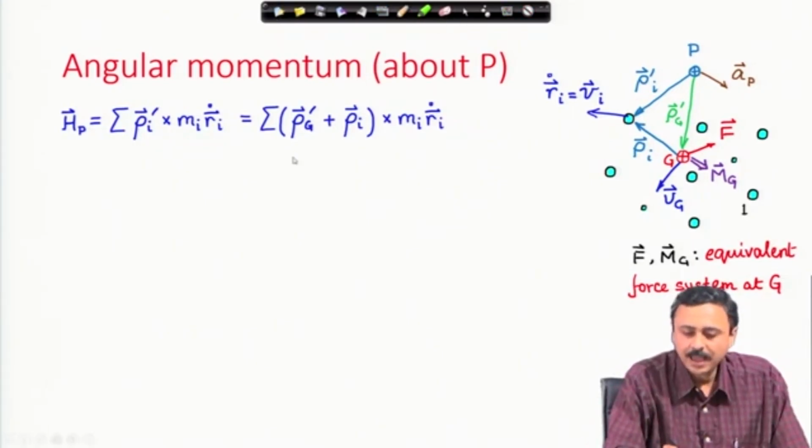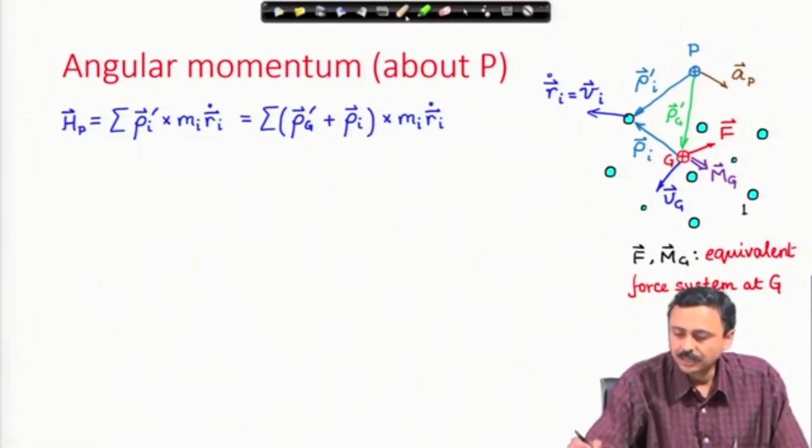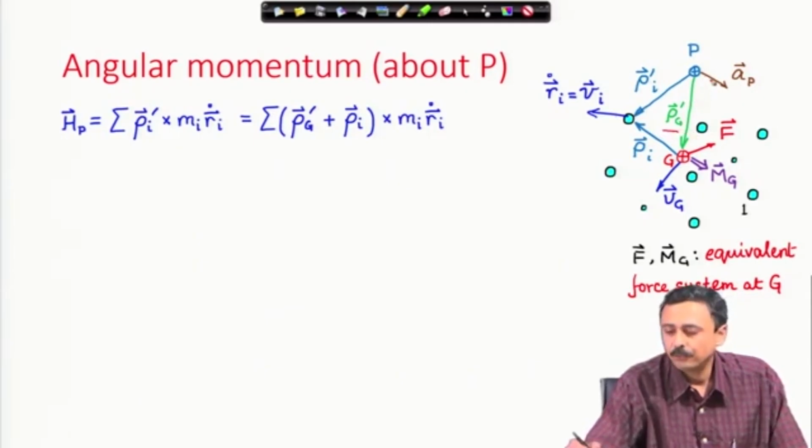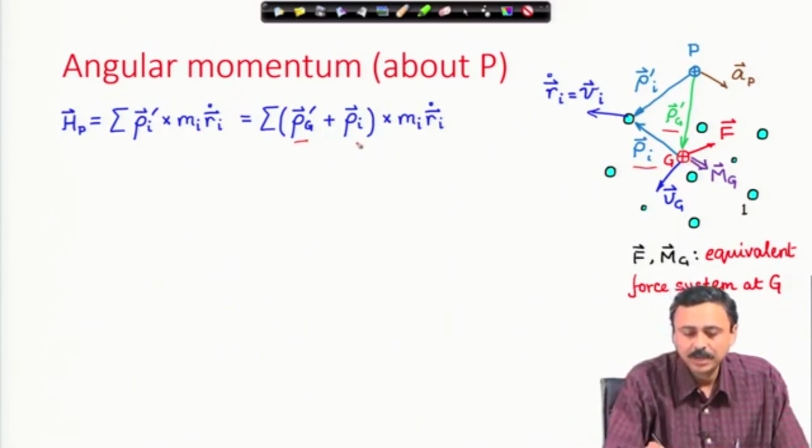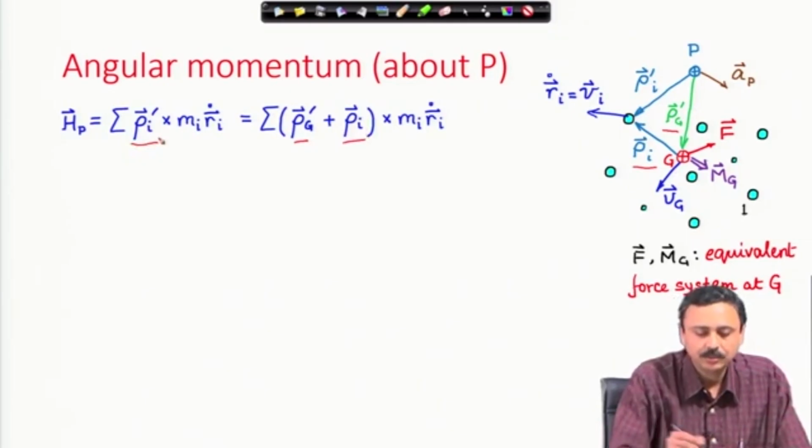And that is equal to, I can write in terms of this vector rho g prime, which is a vector from P to the center of mass, plus rho i. Rho g prime plus rho i is rho i prime.